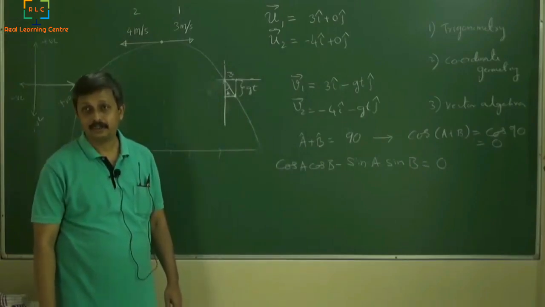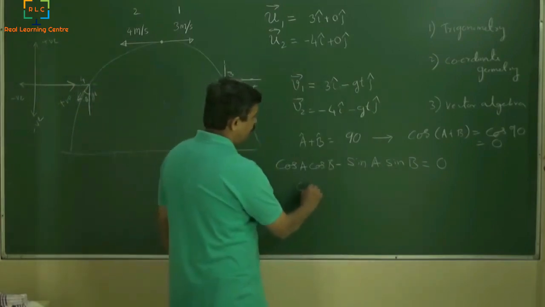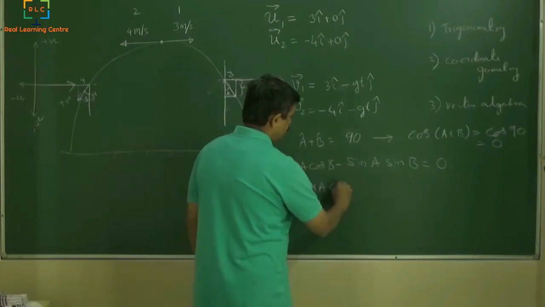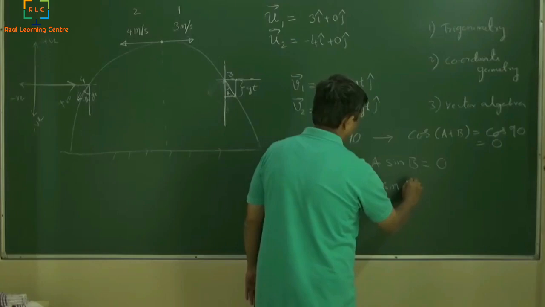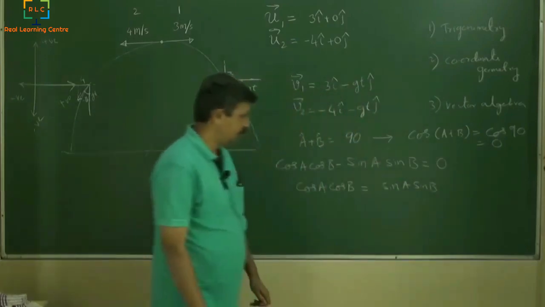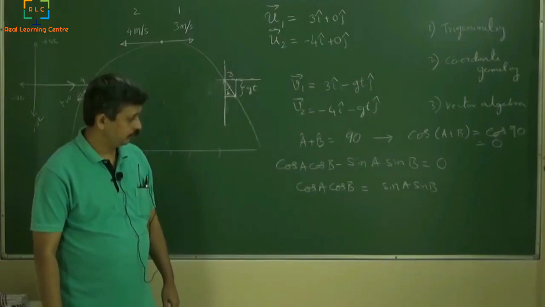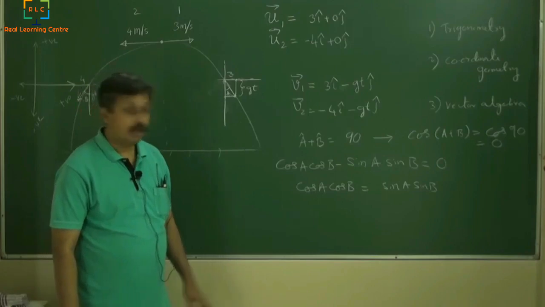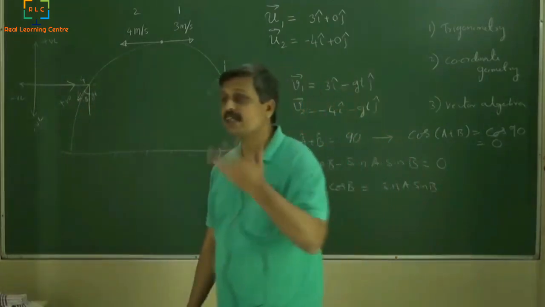Now, cos A cos B minus sin A sin B equal to 0 means cos A cos B is equal to sin A sin B. So now, what is cos A, what is cos B, what is sin A, what is sin B? If we know that, we can solve this.